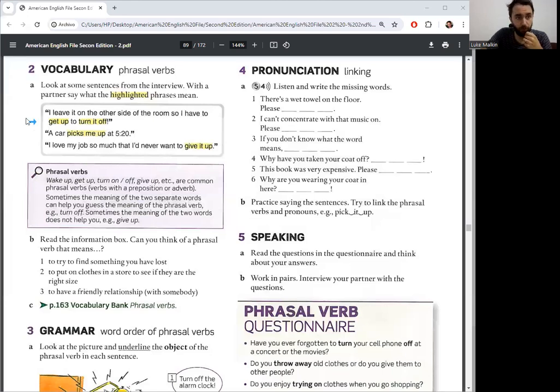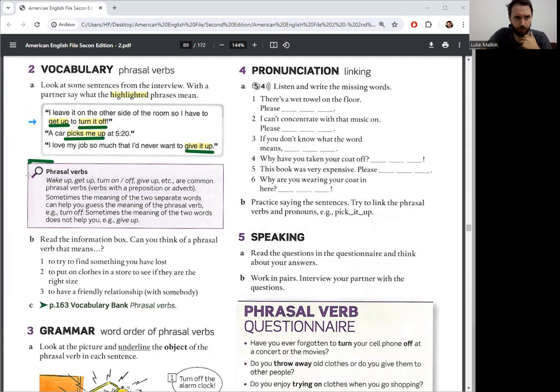The phrasal verbs are turn it off and get up. A car picks me up at 5:20, phrasal verb pick up. And I love my job so much, I'd never want to give it up. Give up is a phrasal verb.